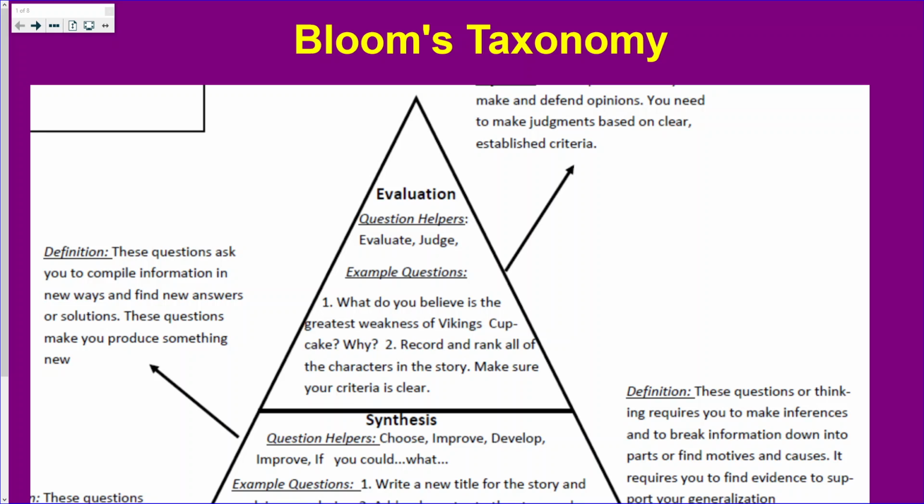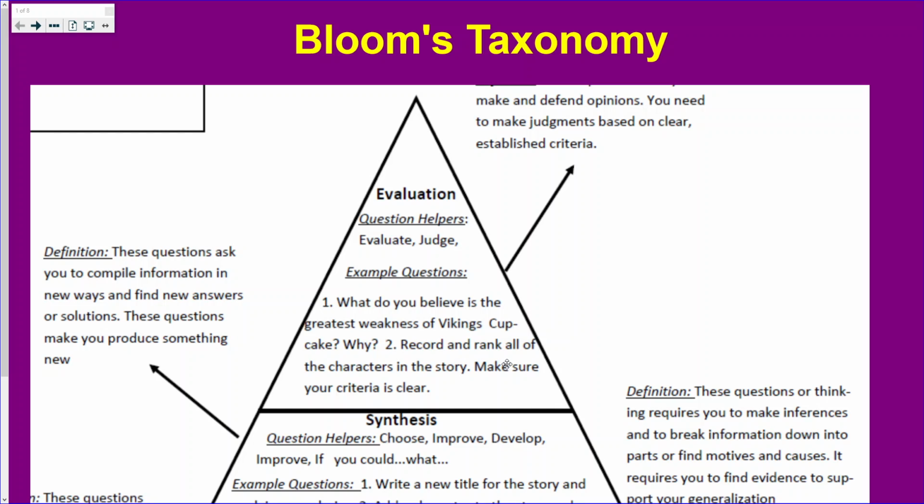And the idea is, and you'll see that you'll have access to a triangle that shows the different levels of Bloom's. There are knowledge questions and comprehension questions right at the bottom of the triangle, because they're kind of the foundation, right? You need to be able to ask and answer these types of questions in order to go higher into this pyramid.